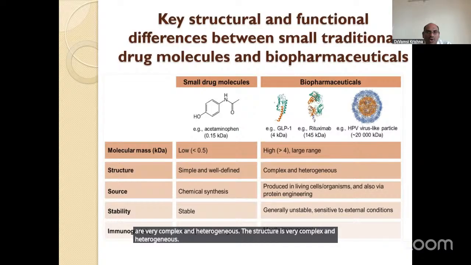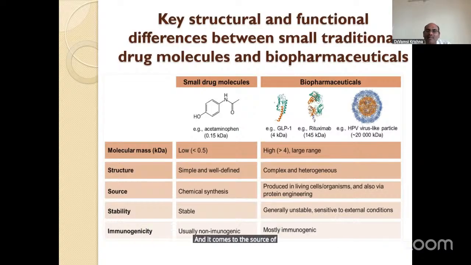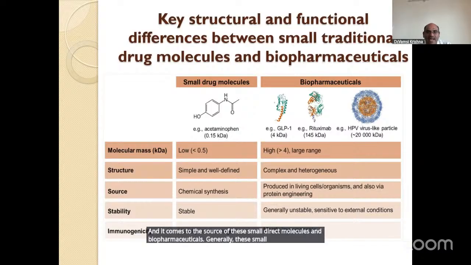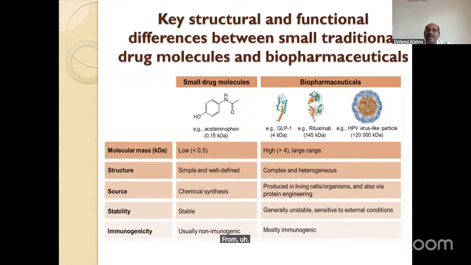And coming to the source, small drug molecules we generally derive by chemical synthesis. But in the case of biopharmaceuticals, we derive them from live cells and organisms via protein engineering.